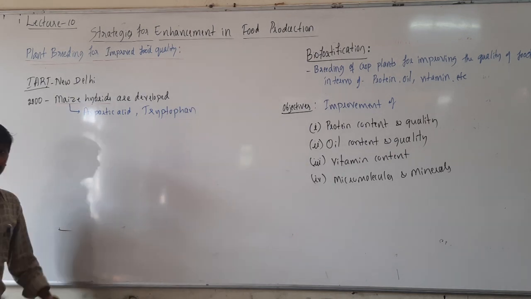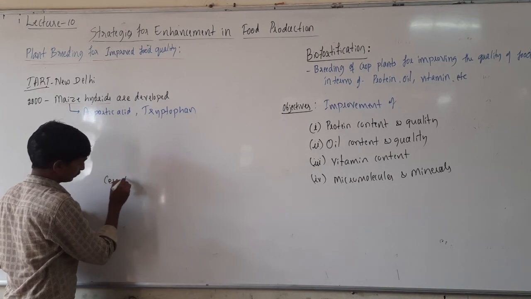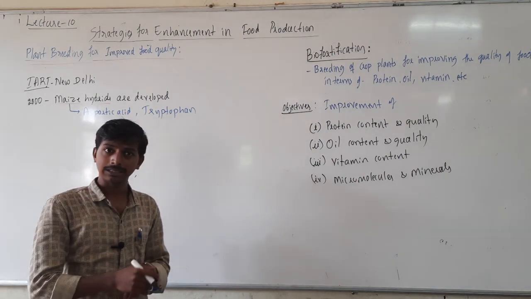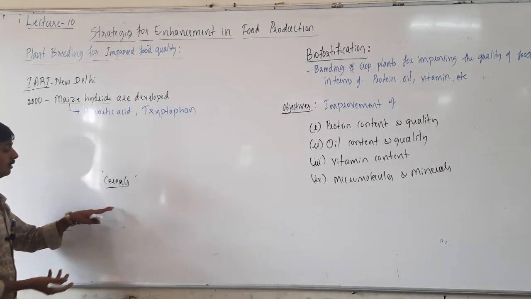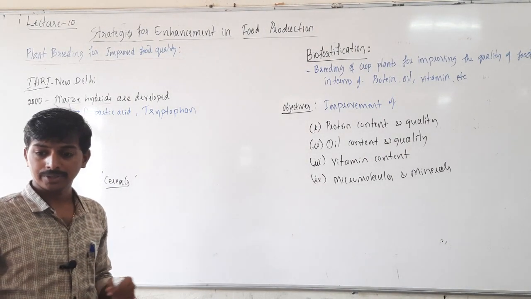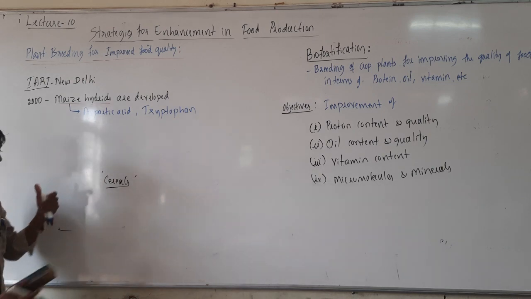Because cereals like jowar, wheat, bajra, rice are poor in these amino acids, our aim is to improve the quality or amount of these amino acids in the food.